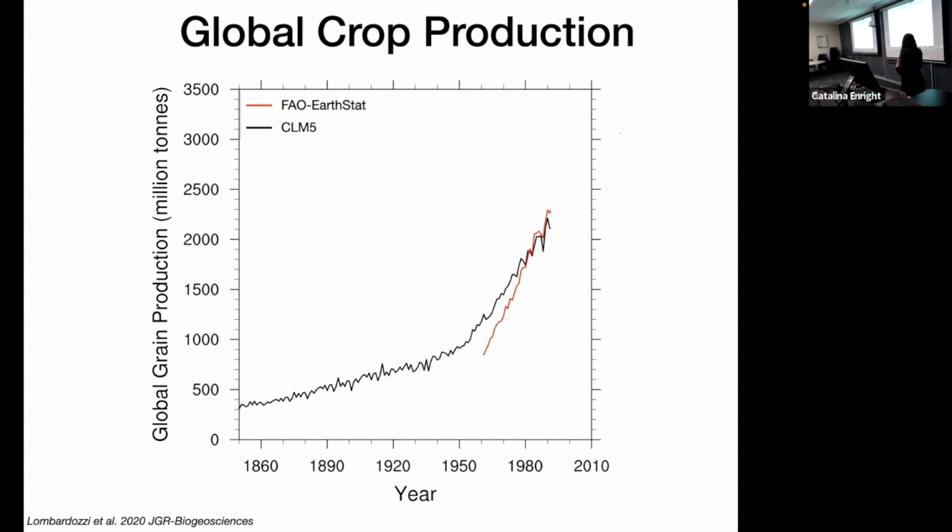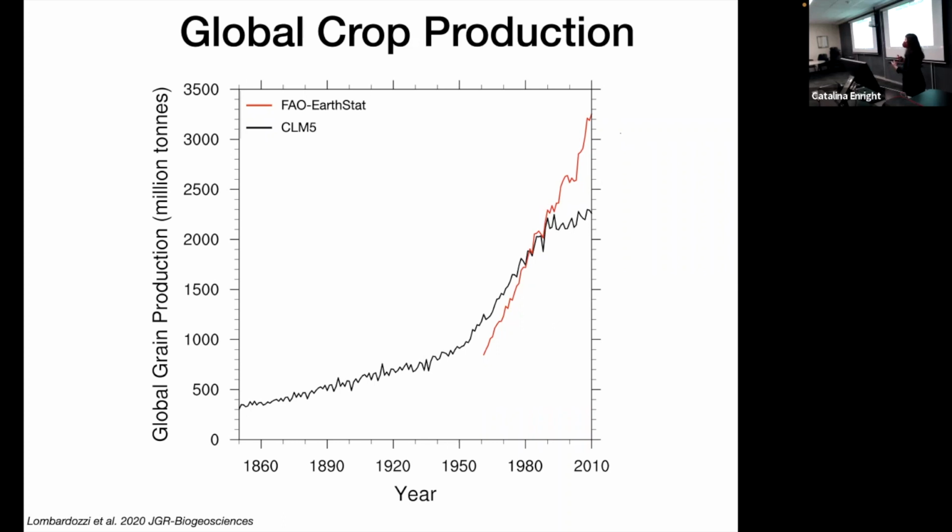So it's reasonably similar to FAO estimates of global grain yields, which is exciting for us because we didn't do much tuning of this model. But then when you start to reach the 1980s, 1990s, CLM crop yields level off, whereas FAO yields increase. And the reason that I think that there is this discrepancy is because CLM does not include any processes related to agricultural intensification, which really started to ramp up in the 80s and 90s.